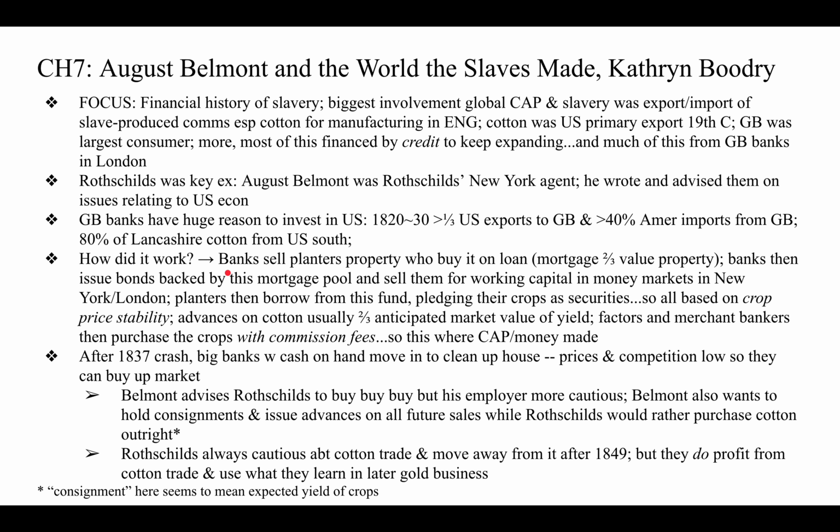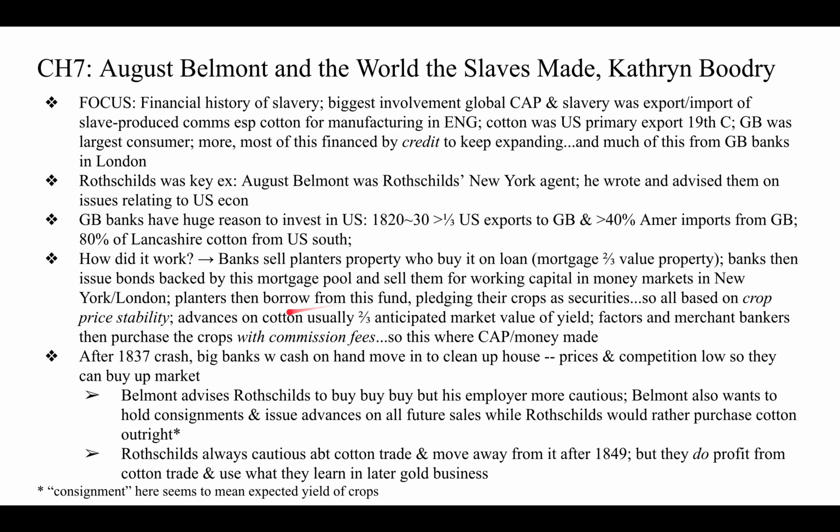So how did this system of lending and investment work? Well, banks would sell planters property, who then bought it on loan at a mortgage of two-thirds the value of the property. Banks then issued bonds backed by this mortgage pool and sold them for working capital in money markets in New York and London. Planters then borrowed from this fund, pledging their crops as securities.